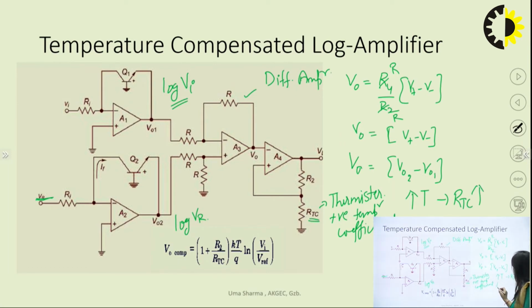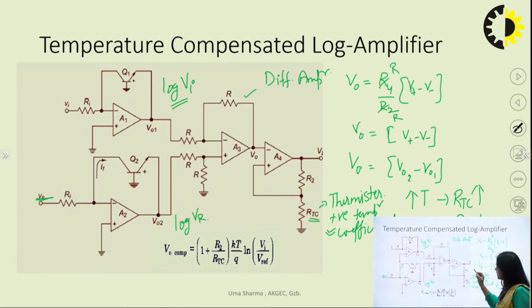If I reduce the temperature, the value of RTC will reduce. There are two types of temperature dependent resistors available in the market: one with a positive temperature coefficient and another with a negative temperature coefficient. In case of a negative temperature coefficient, if I increase the temperature, the value of resistance will decrease, whereas if I decrease the temperature, the value of resistance will increase. So in our case, we have used the positive temperature coefficient thermistor.